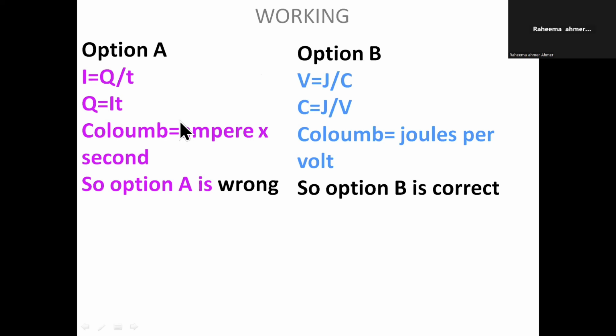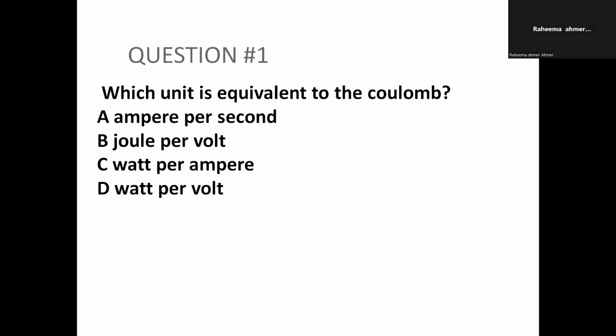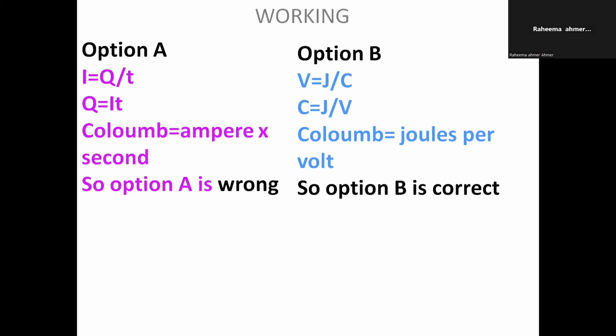Now let's look at option B, which says joules per volt. As I told you before, joule is the unit of work done or energy, and volt is the unit of voltage. So quickly think of an equation that relates energy or work done to voltage. The equation is voltage equals joules, meaning energy or work done, upon charge.